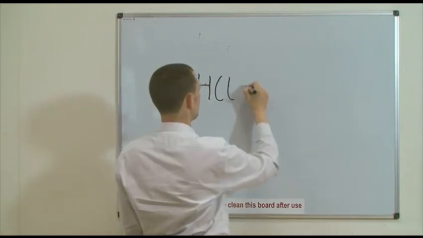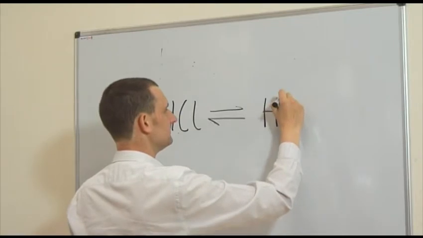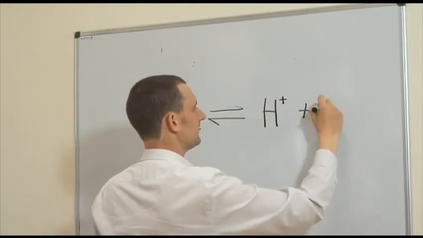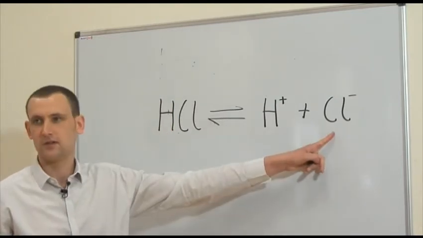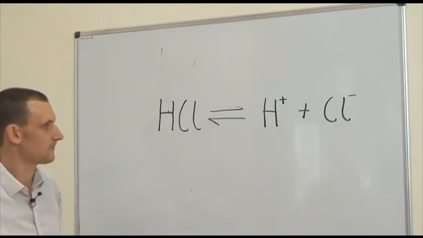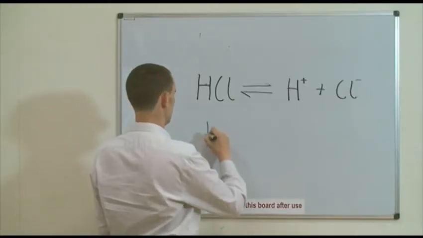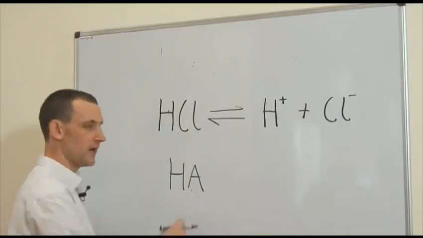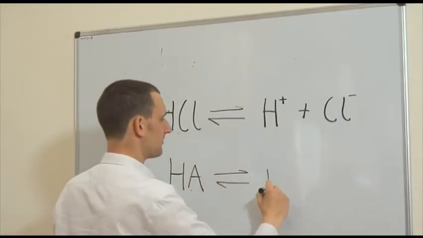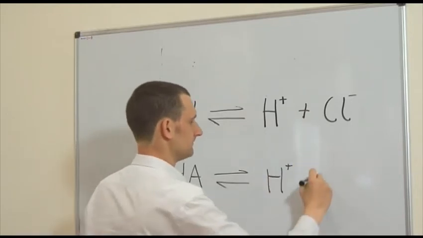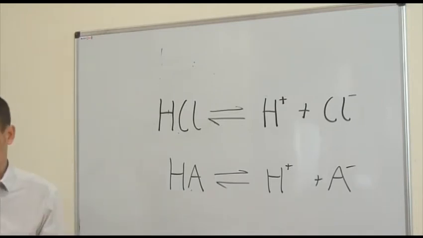Assuming this reaction is an equilibrium, we generate a proton and a chloride ion, which we term the conjugate base. More generally, we can write this as HA, representing any acid molecule, in equilibrium with a proton and its conjugate base.